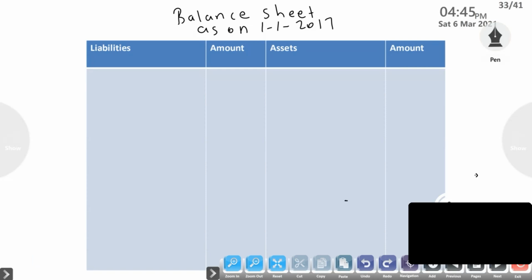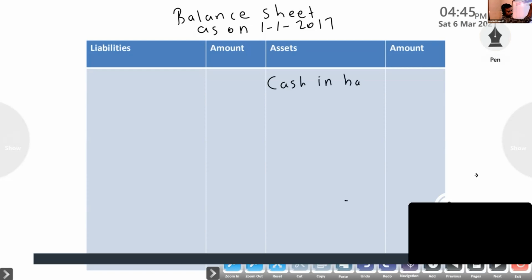First, cash in hand, then cash at bank. Amount also you tell, Anila. Cash in hand 3,000. That is closing cash.